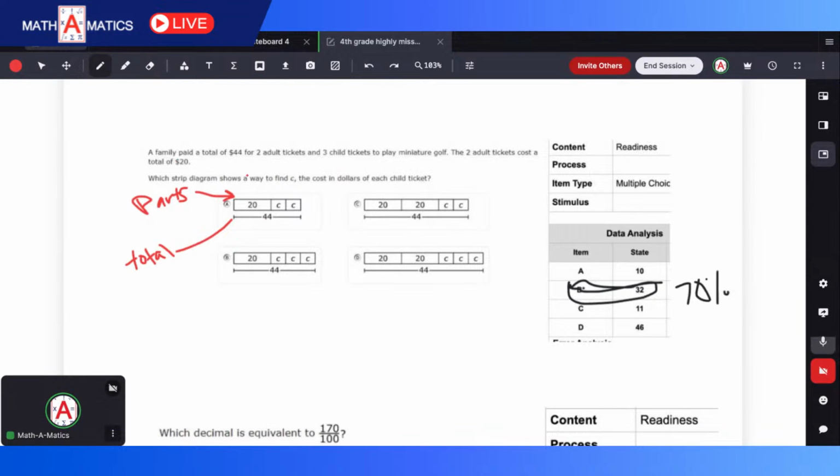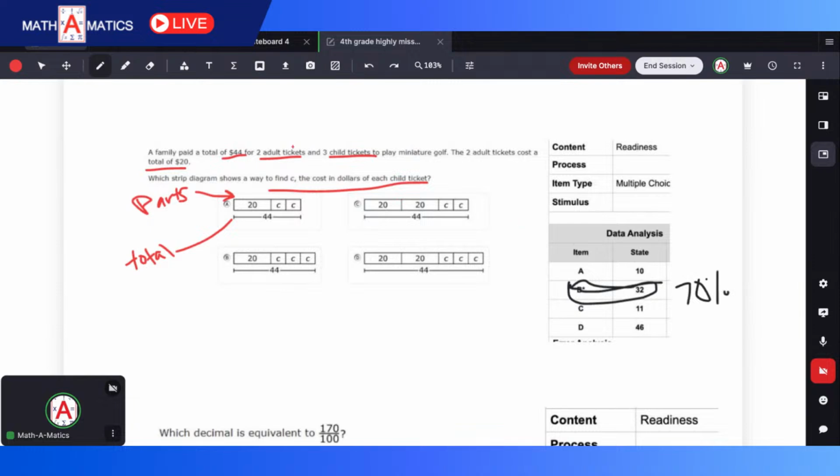So a family paid a total of $44. Well, all of our totals are looking right. 2 adult tickets and 3 children tickets to play miniature golf. The 2 adult tickets cost a total of $20. The strip diagram shows a way to find C, the cost of each children's ticket.